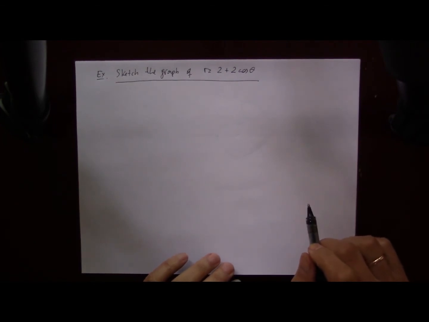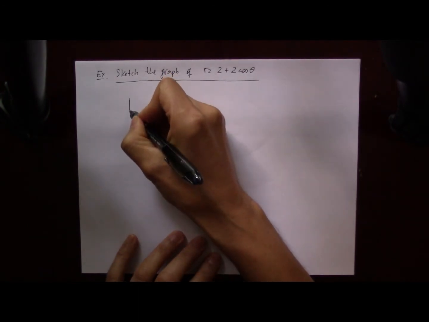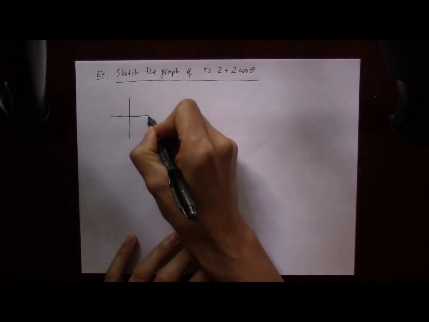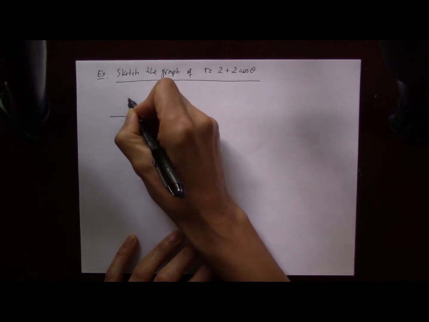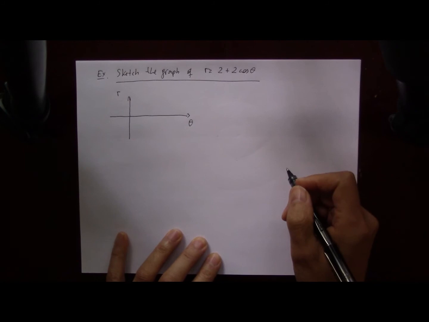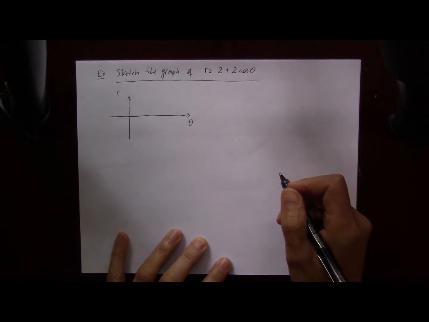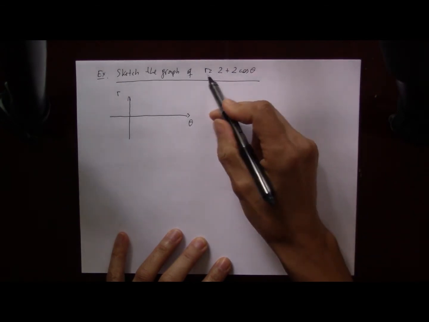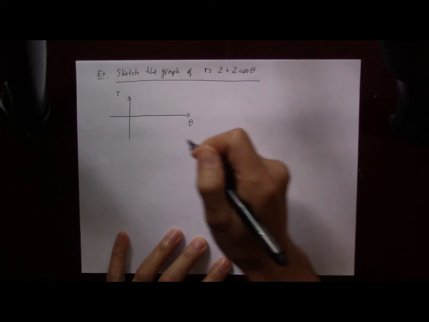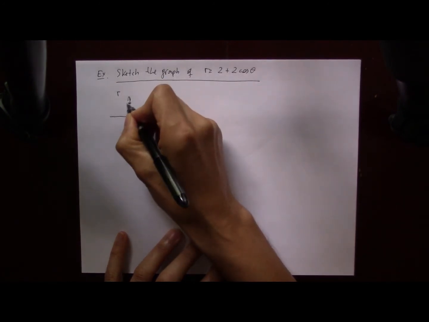Sketch the graph of r equals 2 plus 2 cosine theta. Firstly, I'll sketch a graph on the r-theta plane. Because we have 2 plus 2 cosine theta, we know it's going to be between 0 and 4. Cosine starts at the max, so we'll start at 4.